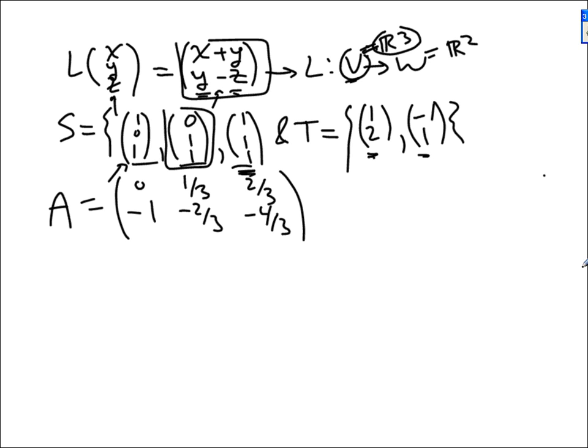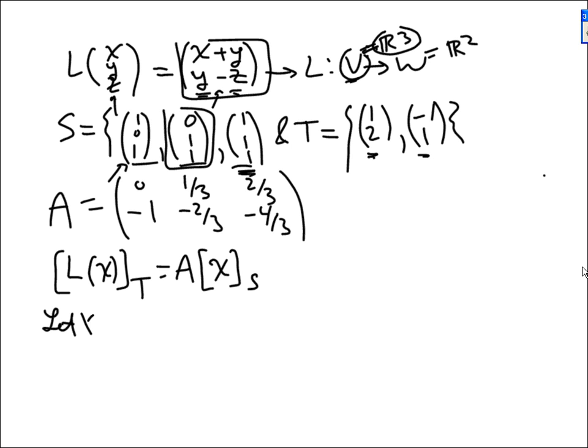So what we know is the following. The coordinates of L of x with respect to T is equal to A times the coordinates of vector x with respect to S. So let's let x equal 1, 2, 3.